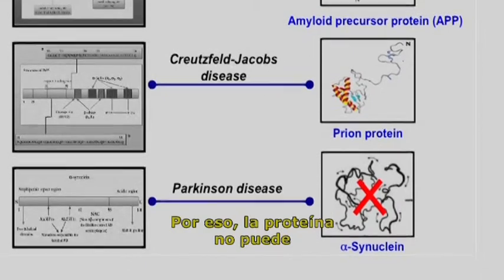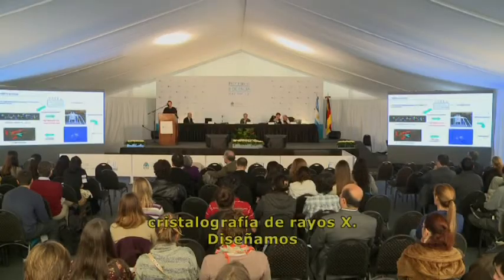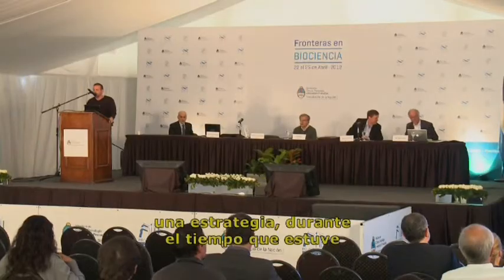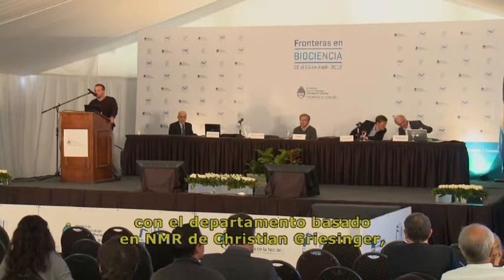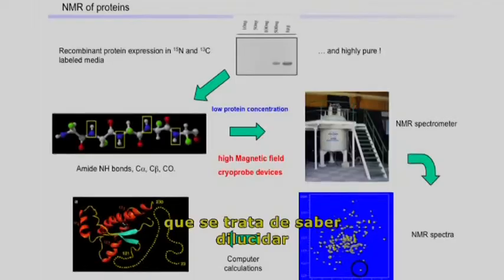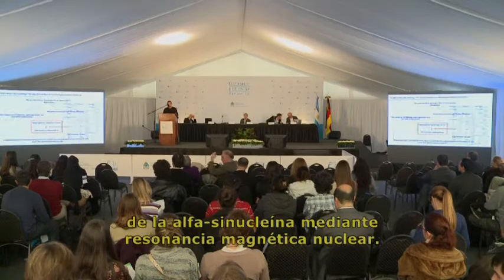That's why the protein cannot be crystallized, cannot be studied by X-ray crystallography. So we designed a strategy together, during my stay in the laboratory of Tom Chauvin with the NMR department of Christian Giesinger, a strategy that involves elucidating the structural and dynamic features of alpha-synuclein by using nuclear magnetic resonance.